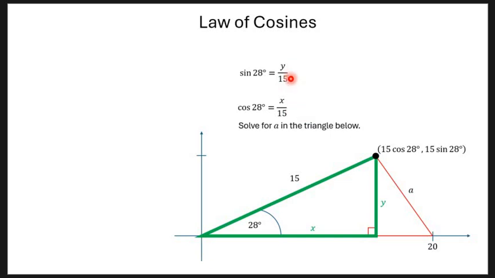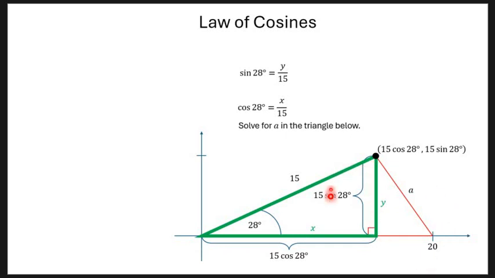So I'm just solving both of these equations for the x and y value. Once I have that ordered pair, I see that the length of the base of this triangle is just the x value, 15 times the cosine of 28, and the length here is just the y value, which is 15 times the sine of 28.